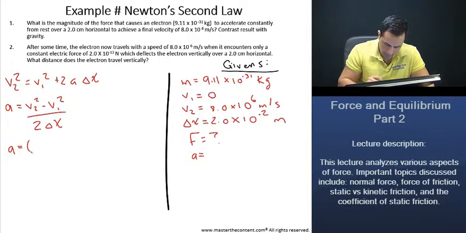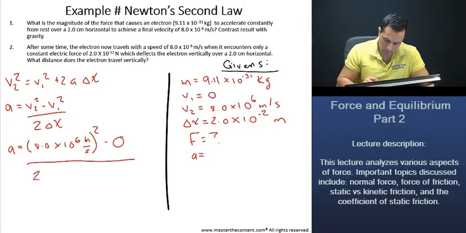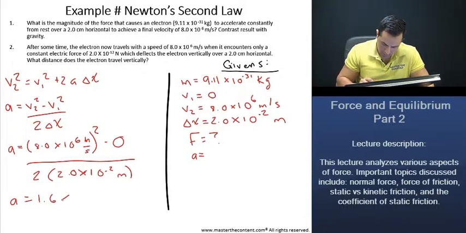Our final velocity here was just 8.0 times 10 to the power of 6 meters per second, and our initial velocity was 0, and our distance traveled here was just 2.0 times 10 to the power of negative 2 meters. Wonderful. Once you equate this, we're going to find that our acceleration is 1.6 times 10 to the power of 15 meters per second squared.